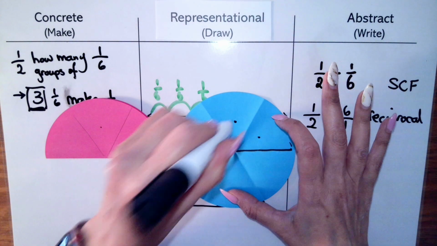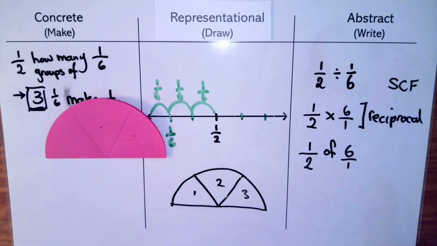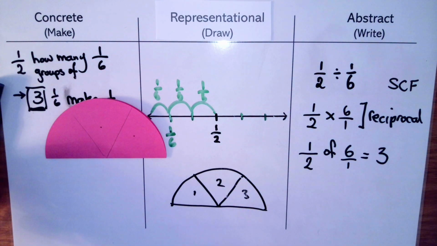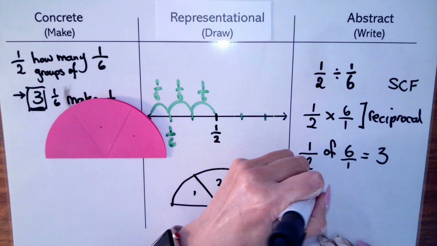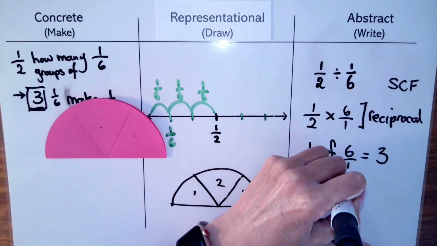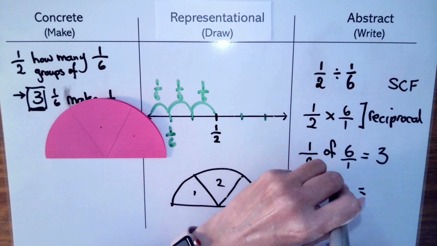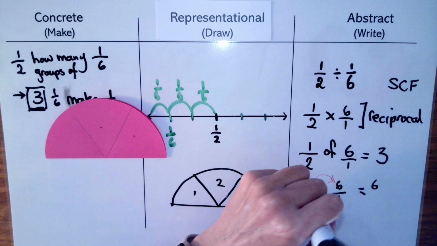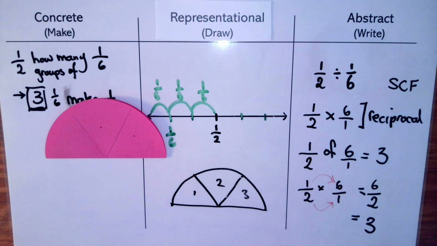And it is 1, 2, 3. So the quotient will be 3, because when we do the multiplication, it is 1/2 times 6/1. We multiply our numerators and our denominators together. 1 times 6 is 6, 2 times 1 is 2, 6 divided by 2 is 3.